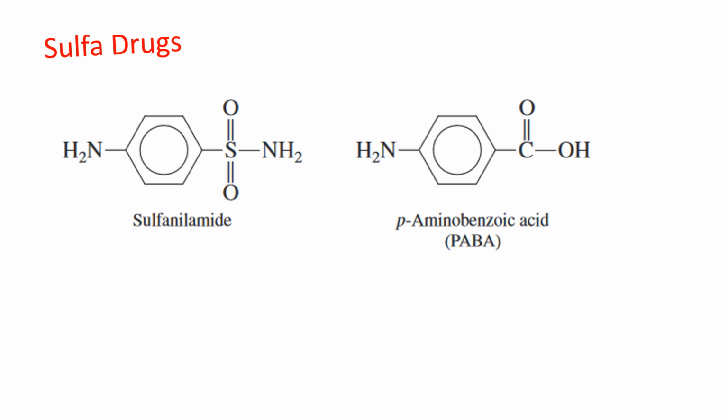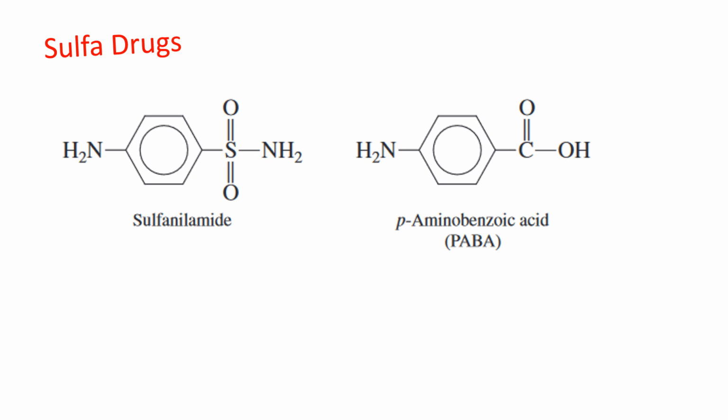In 1932, discovery of the antibacterial activity of sulfanilamide led to the characterization of a whole family of sulfanilamide derivatives, collectively called sulfa drugs, the first antibiotics in the medical field.